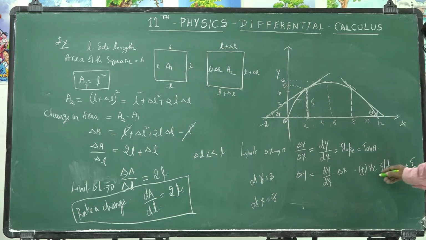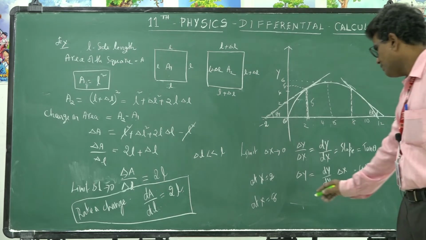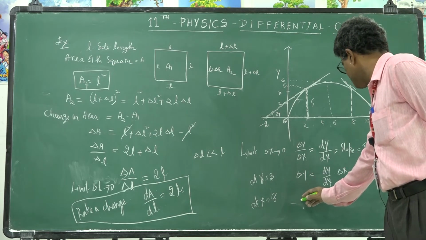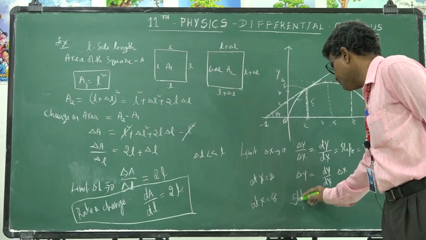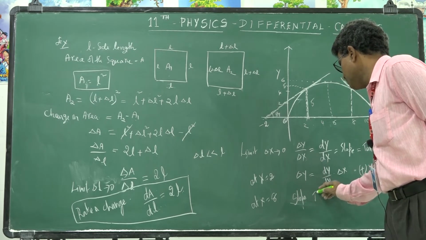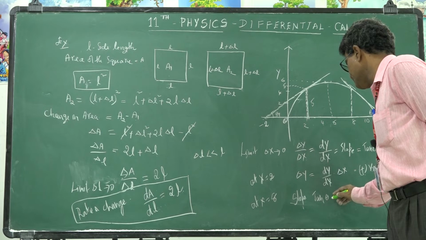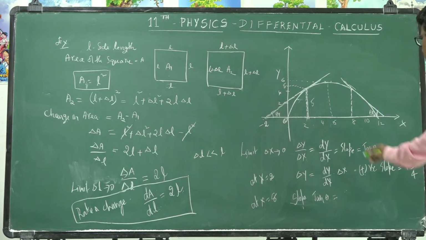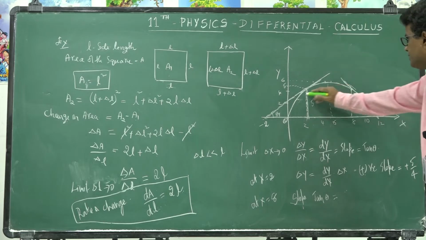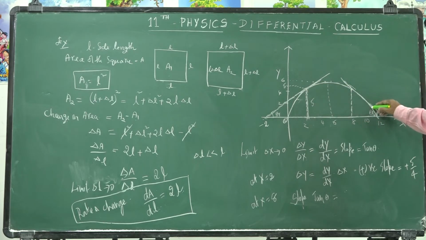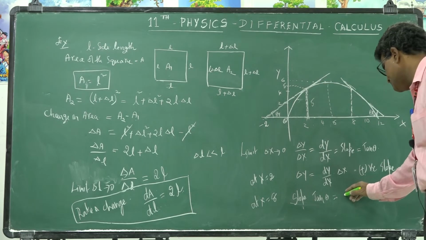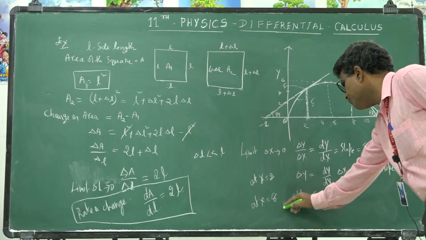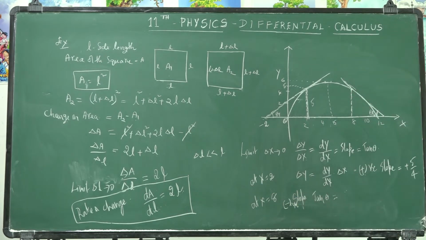So at x equal to 2 the slope is tan theta 1, and here it is tan theta 2. Tan theta is delta y by delta x. Here as x increases, the y value decreases. So it has a negative slope.